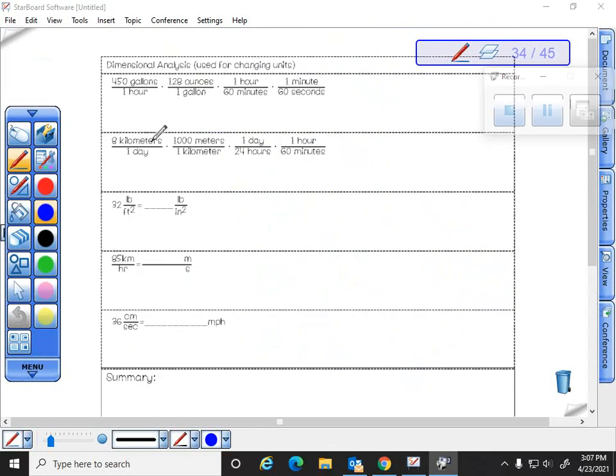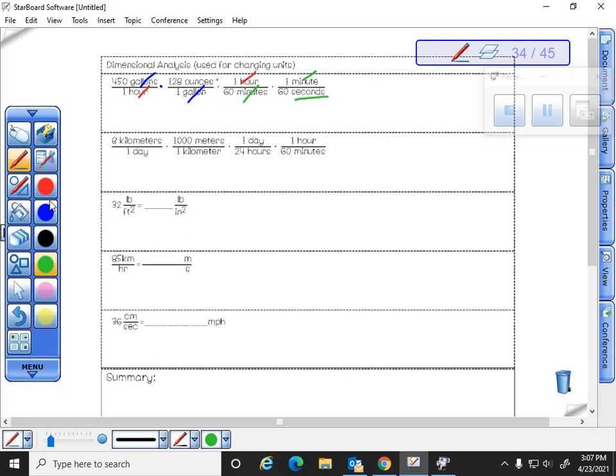I am skipping ahead a little bit for dimensional analysis. So what we have here is being able to cancel tops and bottoms. It's all multiplication, remember, on this one. So gallons and gallons will cancel. Hour and hour will cancel. Minute and minutes will cancel, leaving me with seconds on the bottom and ounces on top.